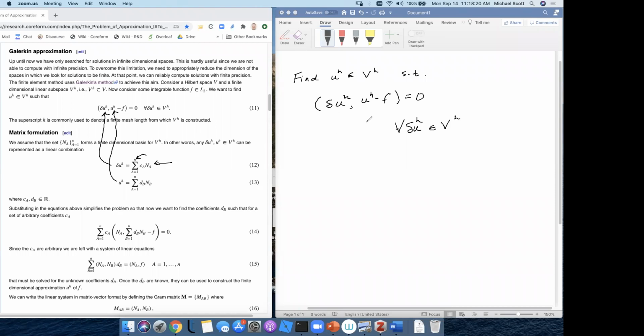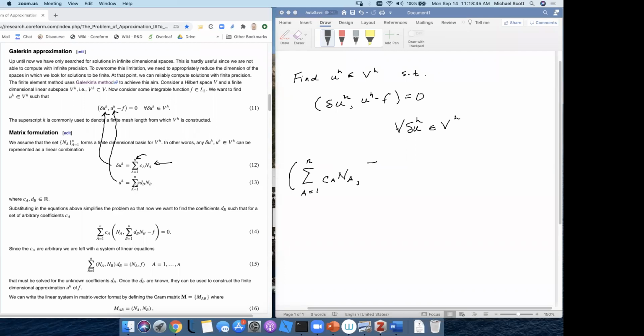Okay, now what that means is we can plug in linear combinations now. We'll replace delta u^h with our linear combination. And we'll also replace u^h with its corresponding linear combination.